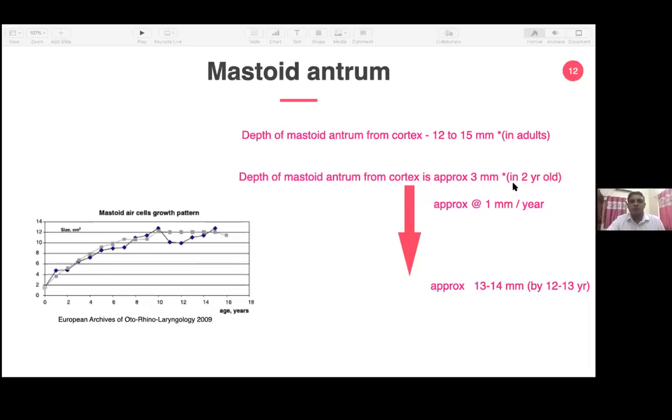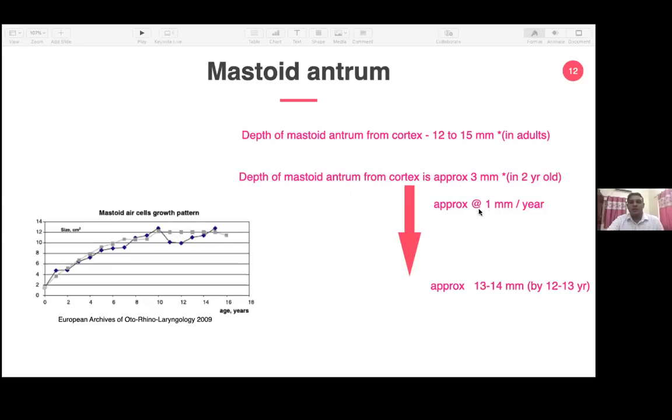Suppose there is no pull from the sternocleidomastoid, there is not going to be any growth, or there is going to be very little growth as compared to the ones which have an active sternocleidomastoid action. So as the child grows in age, as the pull of the sternocleidomastoid is stronger, the mastoid air cell system is going to grow, and the depth of the mastoid antrum gets deepened.